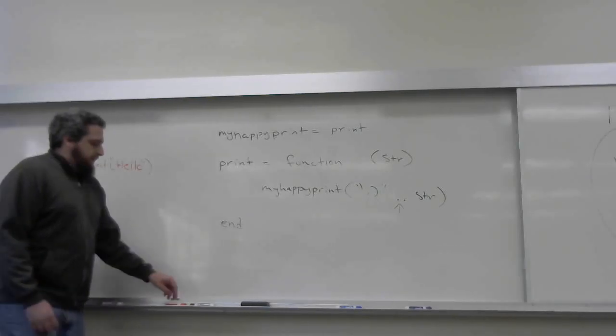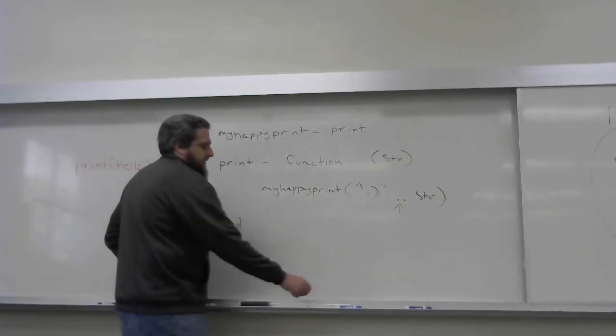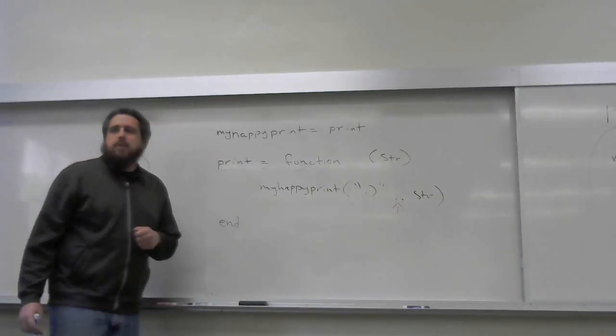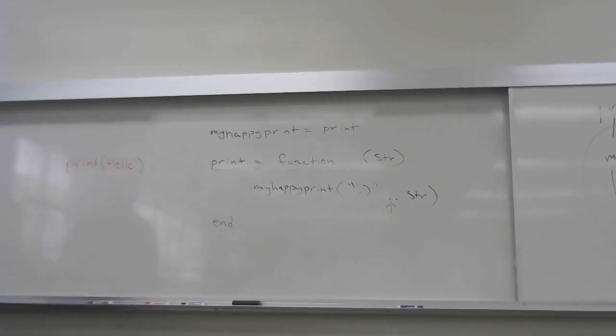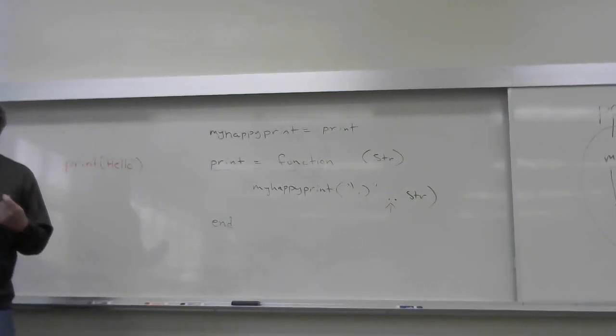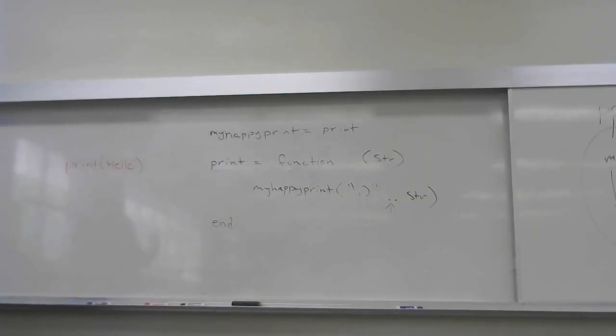I used this syntax in particular where I said print equals this function because we want to get away from functions being different than data. Functions are data. They just are. And some languages allow us to use functions as data better than others. Lua is one of them in particular.